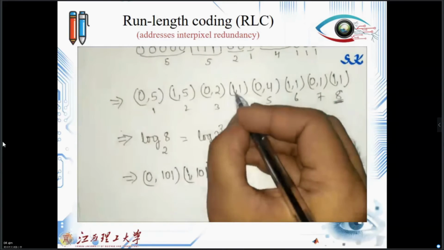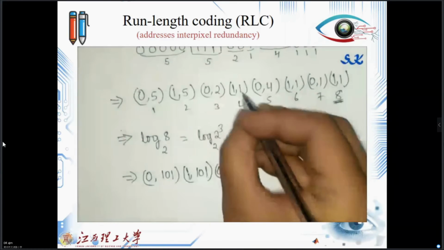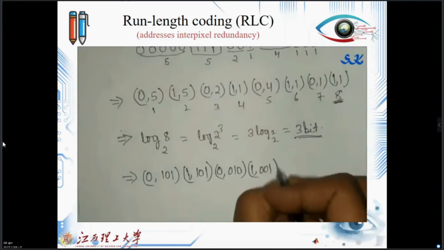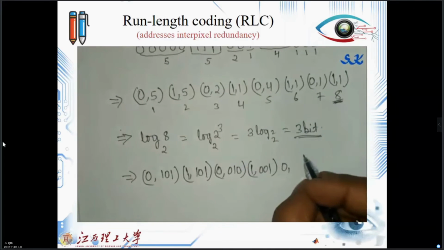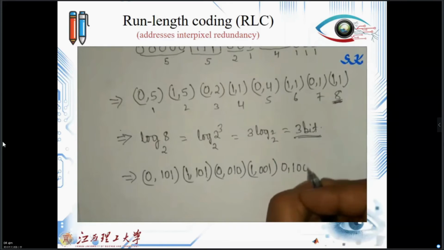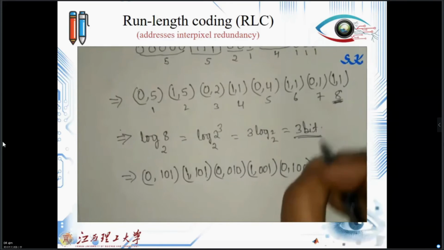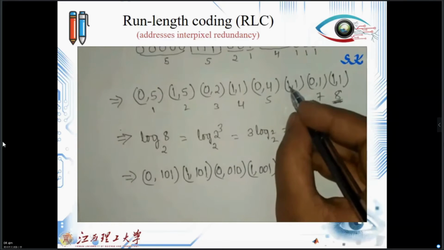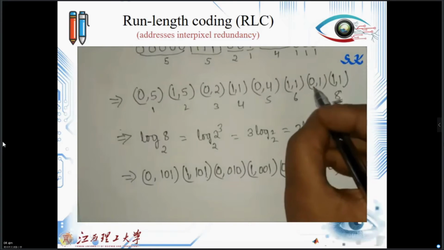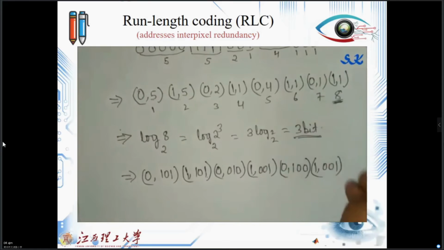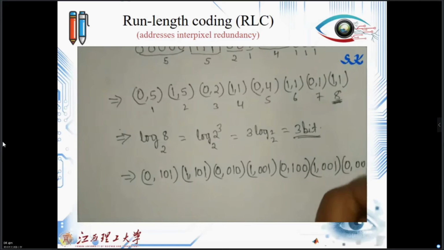And 1 is again 001, that you can write. 4 is equal to 011. Come 3, it becomes 100. Yes. Next one is 1 and 1, which is equal to 1 and 010. Yes. Again, 0 and 0, 0, 1, and 1, 1 is 1 and 001.